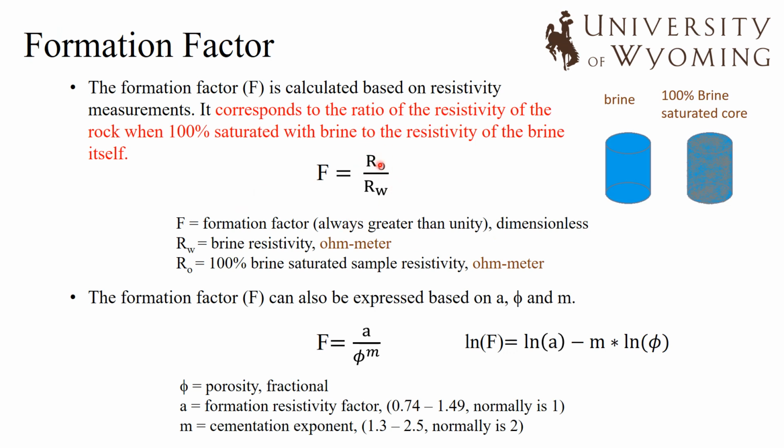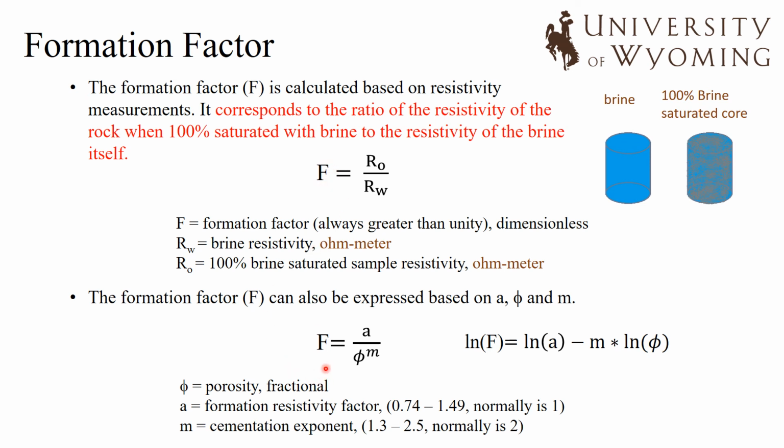R0 is the resistivity of the core when it is 100% saturated with water or brine. If we know this, and also we know the resistivity of water or brine without any core, then we can get what we call the formation factor. And this formation factor we actually use in the Archie equation to estimate the saturation from logging.